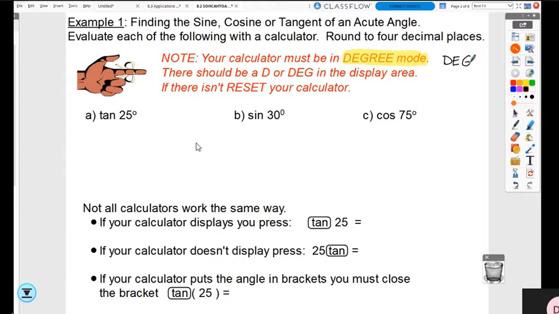This is the one we want. Some might say grad, or some might say rad, and these are the ones we do not want. So take a moment and look at your calculator, and if it's in anything other than DEG, please let me know, and we'll help you get it to DEG.